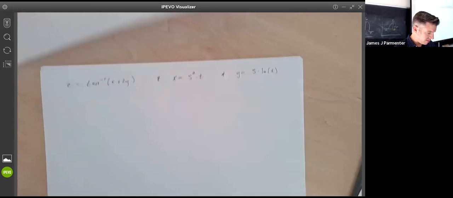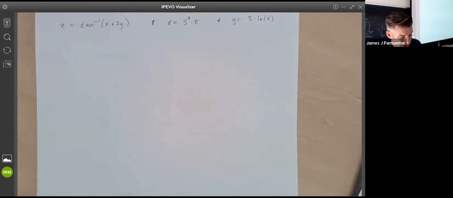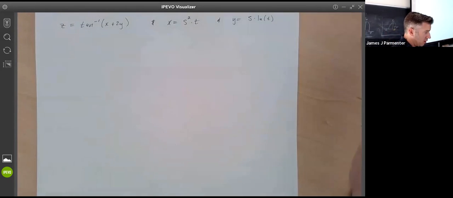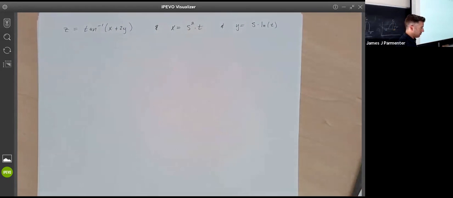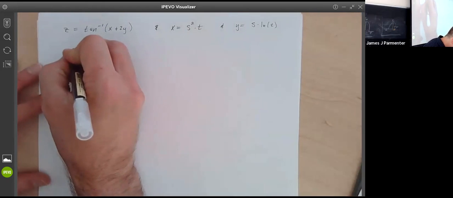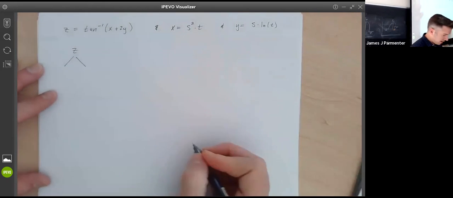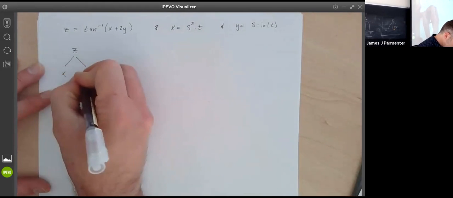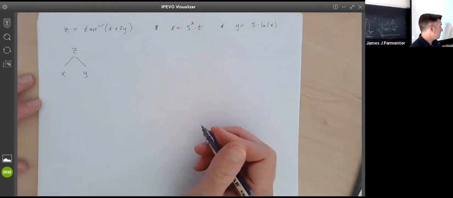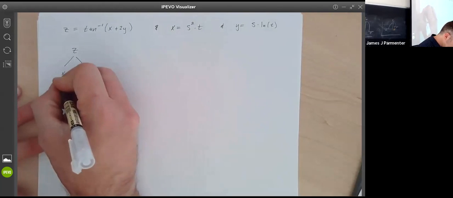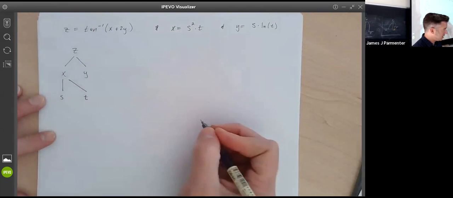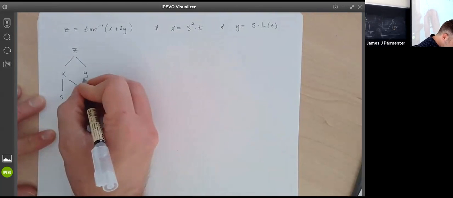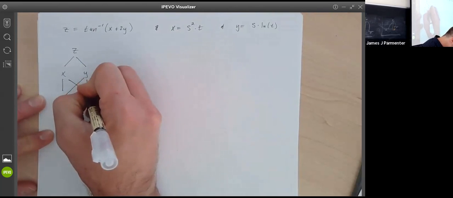And just like every other time, well, actually, a little bit differently here, we want to find the derivatives of z with respect to the variables at the base level, meaning the bottommost variables. We can write z as functions of x and y. And this one's going to be a little bit different because x is both a function of s and t, and y is both a function of s and t.